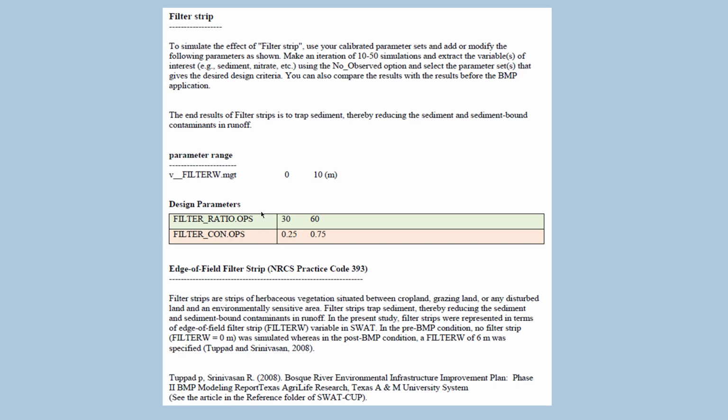I was planning to do a DSS, a decision support system. That's why I put the BMP in SWAT-Cup, but I didn't have time to complete that. But you can see that you can design various management practices, and in your objective function you can add an element of the expenses, the dollar value of implementing different projects, and you can optimize that objective function.